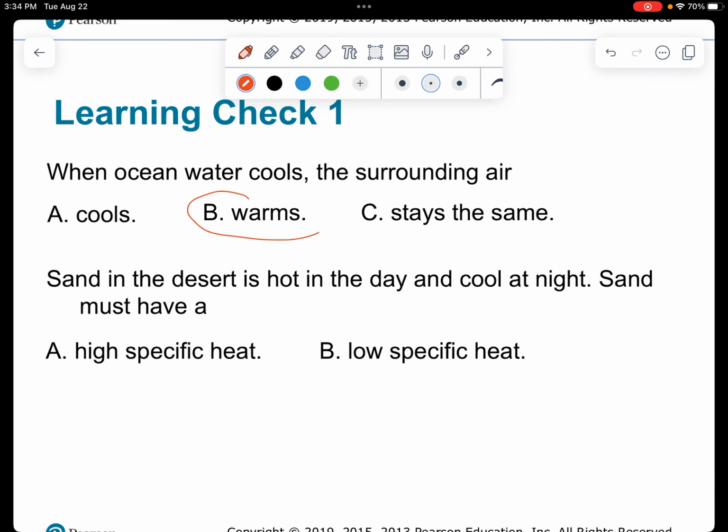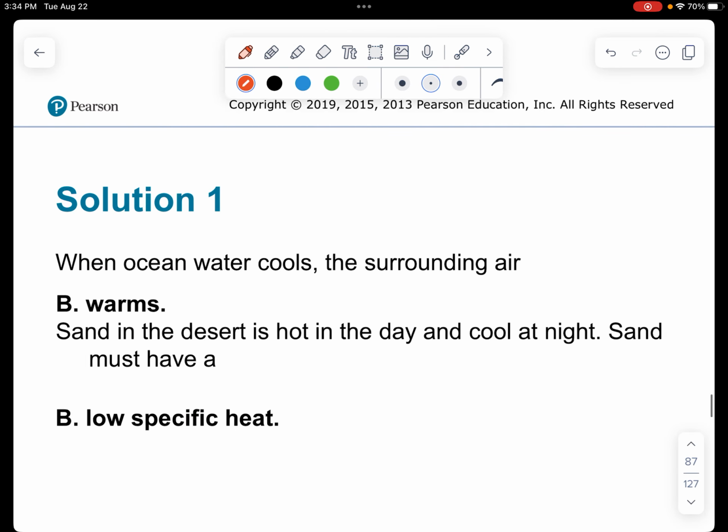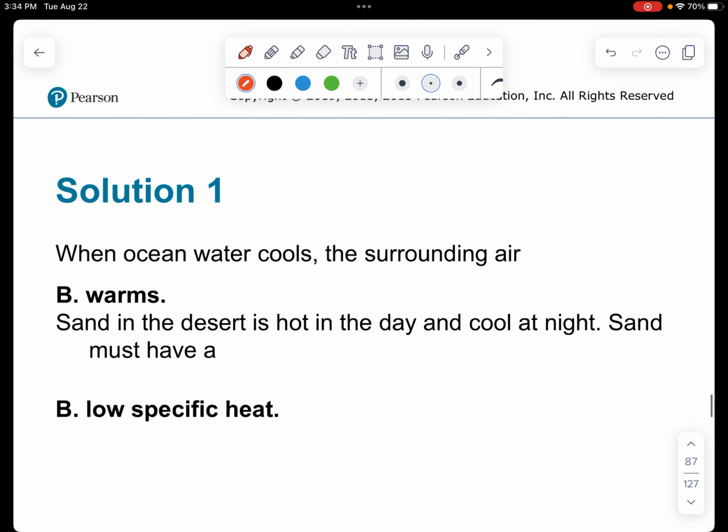It's going to warm. Sand in the desert is hot in the day and cool at night. Sand must have a high specific heat or a low specific heat? Because it cools off quickly, it has a low specific heat.